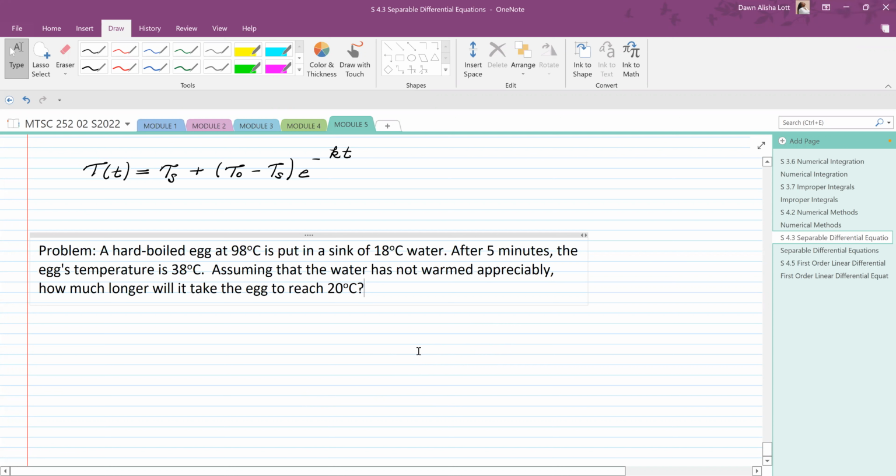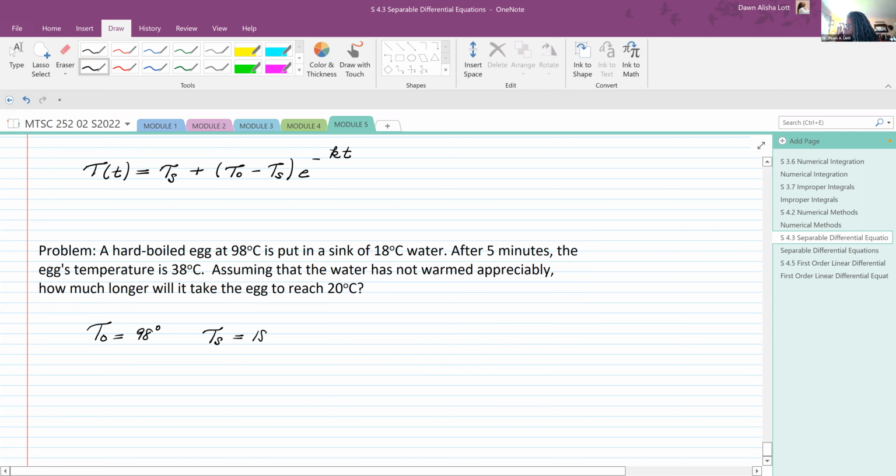The degrees Celsius of the hard-boiled egg and the temperature of the water. Okay, so the initial temperature of the hard-boiled egg is 98 degrees, and the temperature of the water, or the surrounding medium, is 18 degrees. So that's a great part of our problem.